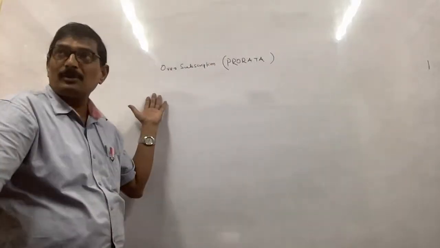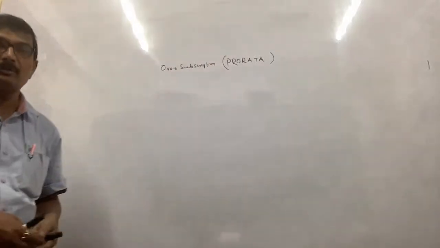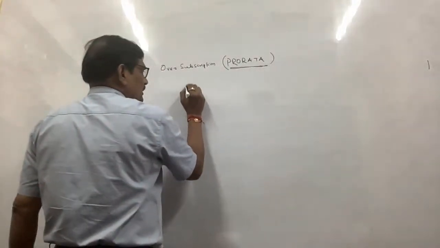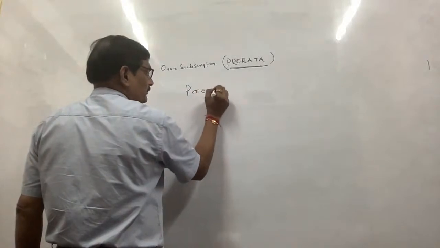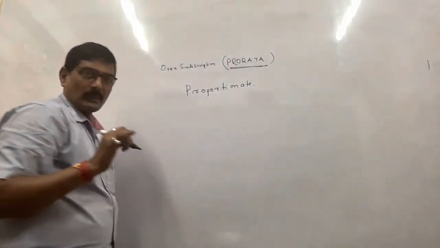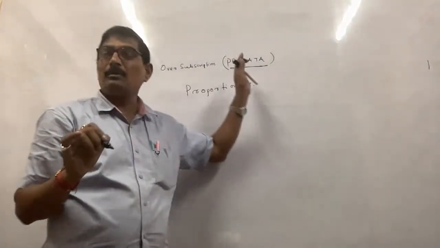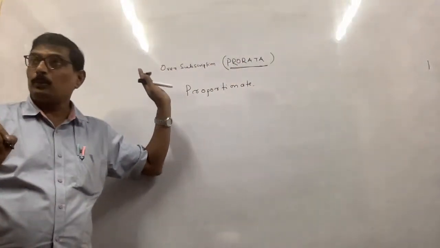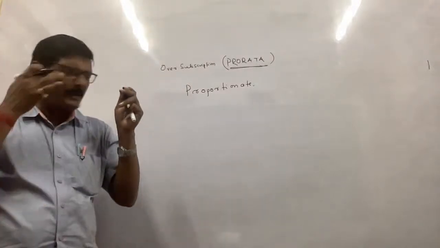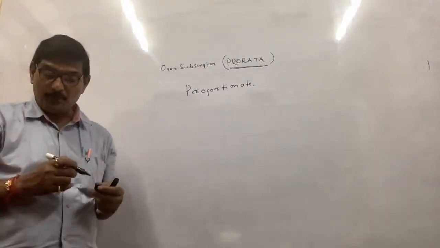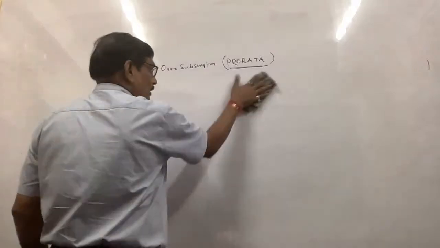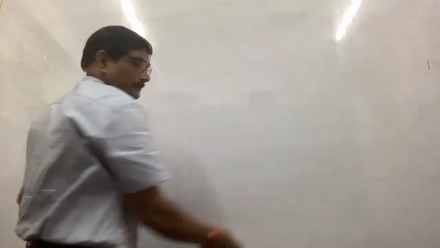In case of oversubscription only, we can go for pro rata allotment. What is pro rata allotment? Pro rata allotment means proportionate allotment. See how it works and the options available. Watch carefully, very important.